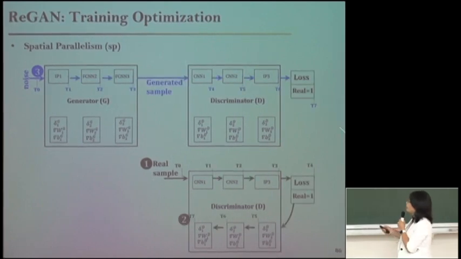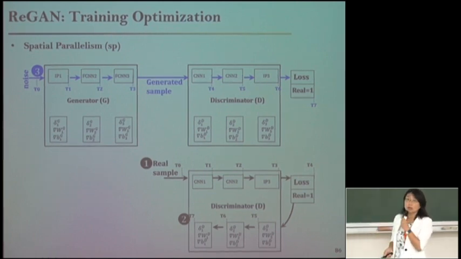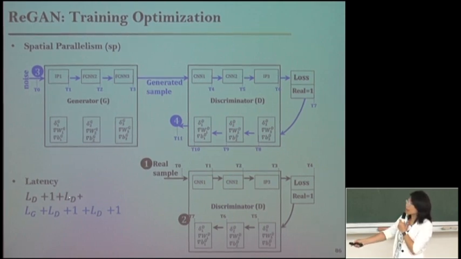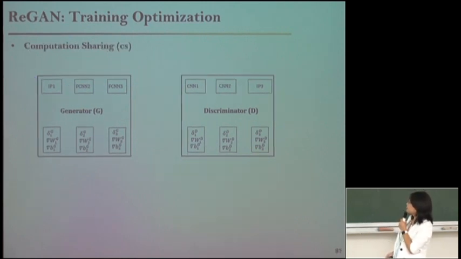As you can see, this path and this path are independent. We are able to separate them if we have two discriminators, right? In this way, the blue path takes this latency and the black path takes this latency. If we operate them simultaneously, the longer one will remain, right? So in this way, we can improve the performance on this path.